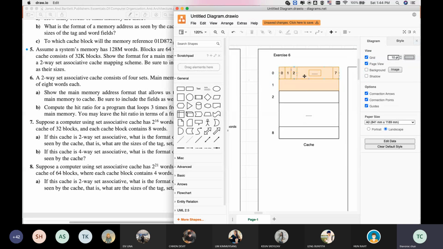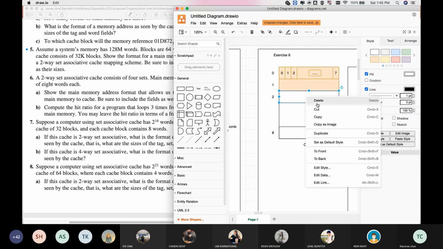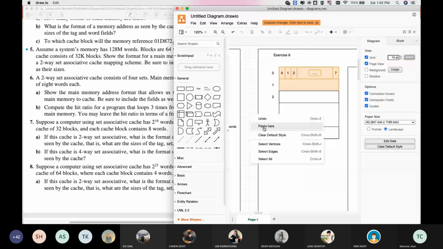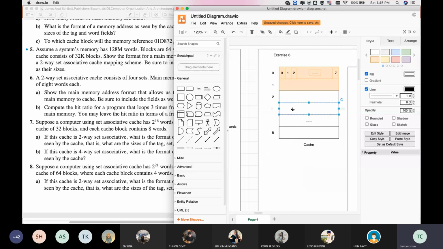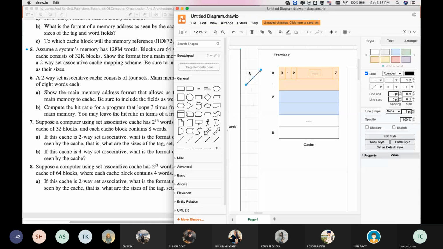Okay, this is for 1 set, and let's copy this one to make another block, and this 2nd block is another set. I hope you can understand like this.